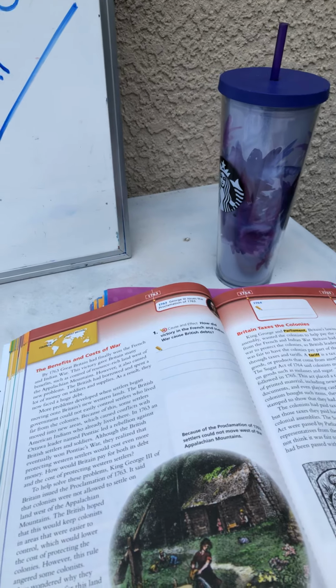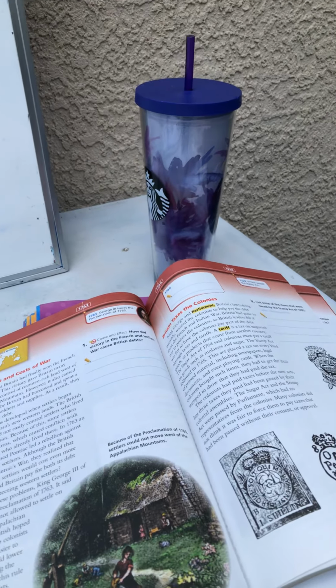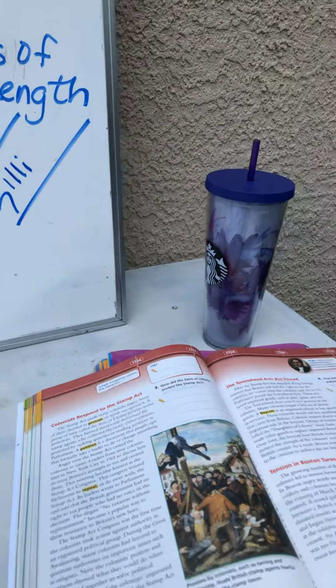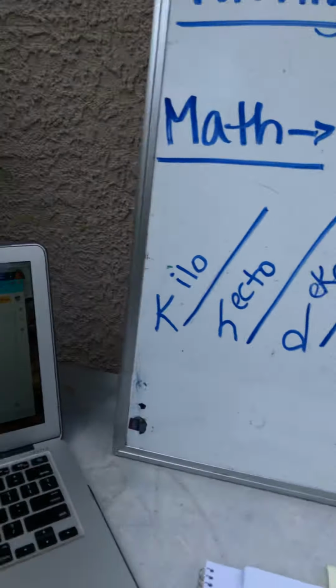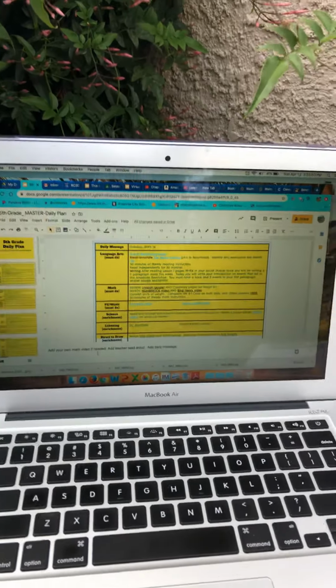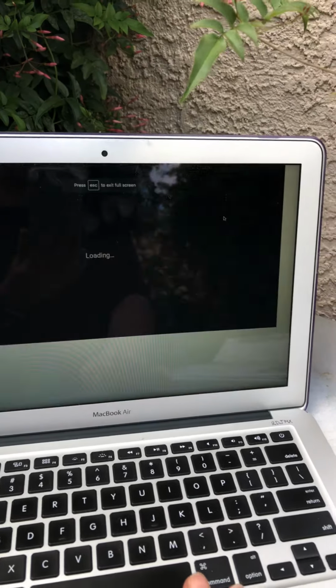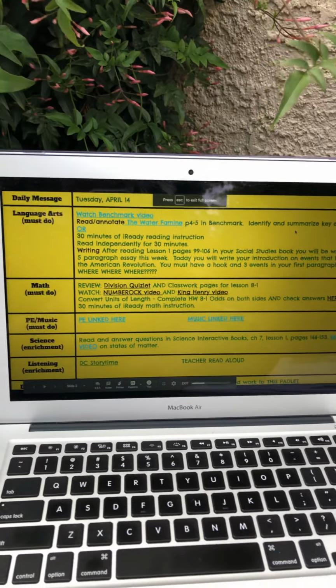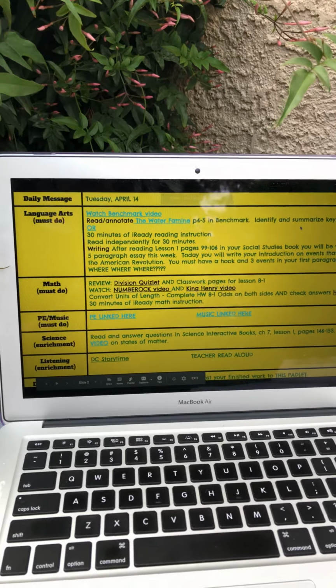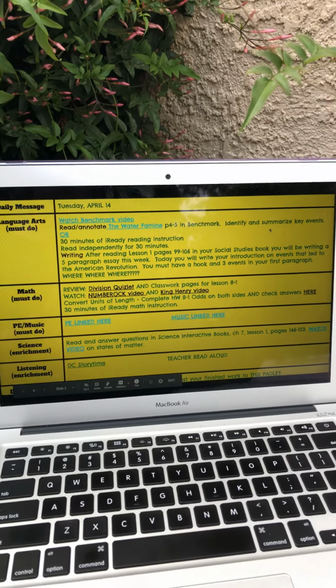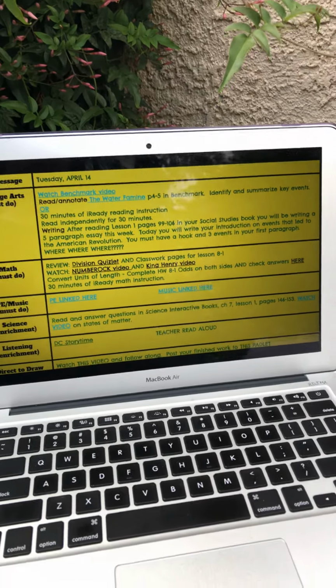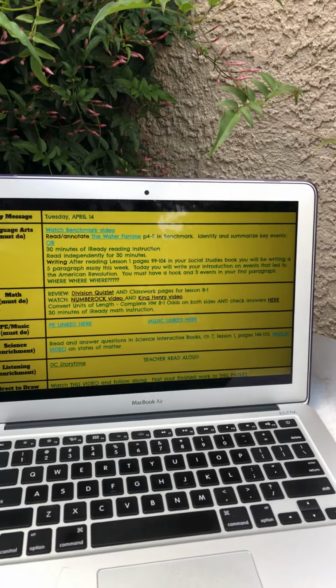You're writing on the events that led to the American Revolution, and today you are responsible for writing your first paragraph. Here, I'll show you what it looks like. In your first paragraph, you will have your hook, and then you should mention those 3 events that you feel like led to the American Revolution.